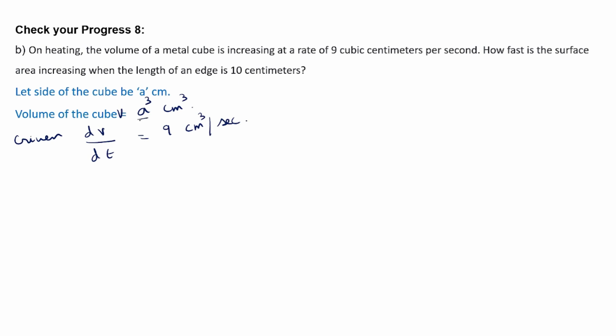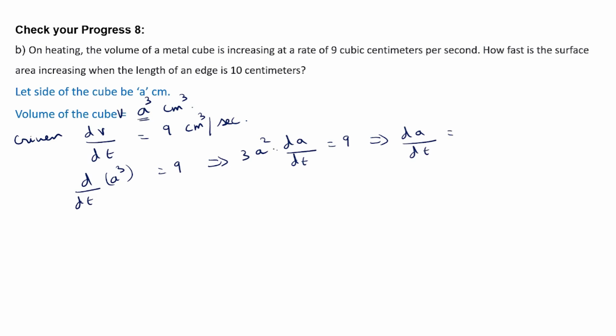Now we can differentiate this V. So the derivative of a cube is equal to 9, which means derivative of a cube will be 3a square into da by dt using the chain rule. This is equal to 9, or from here we have da by dt equal to 3 by a square. Let us take this as 1.